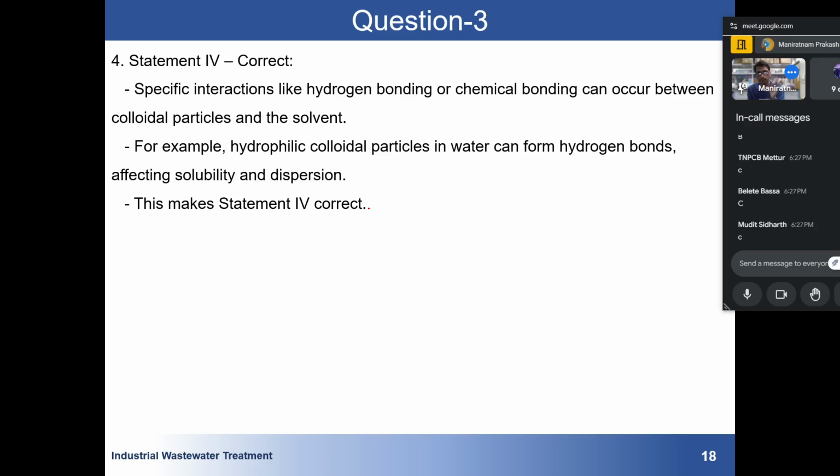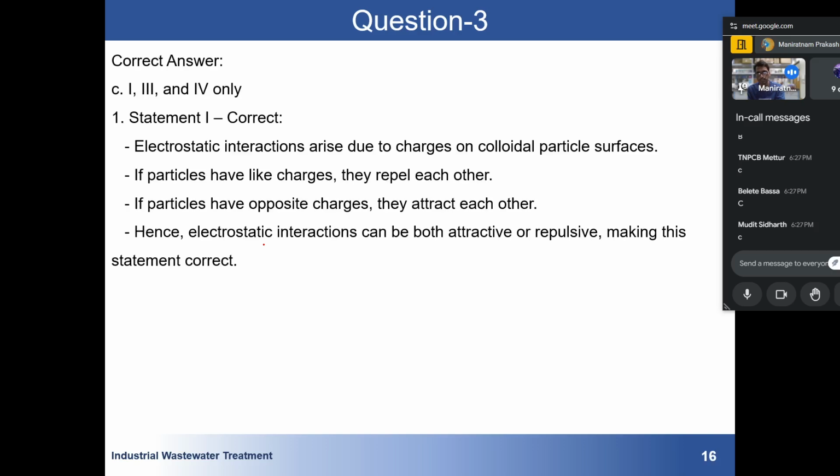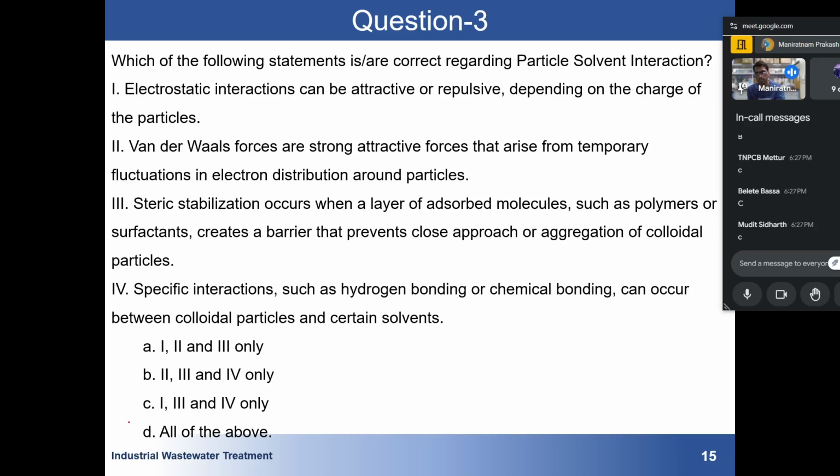So indeed, the bonding which happens between those colloidal particles and water is just because of hydrogen or some chemical bonding. This was just an example, and this makes the statement correct. So yes, correct answer is C, 1, 3 and 4 only.